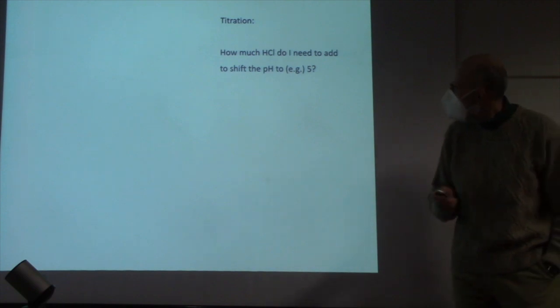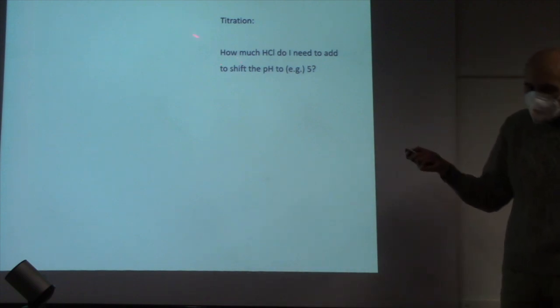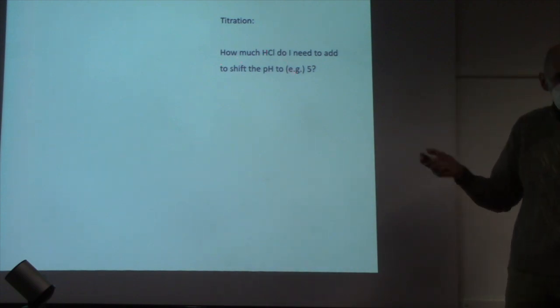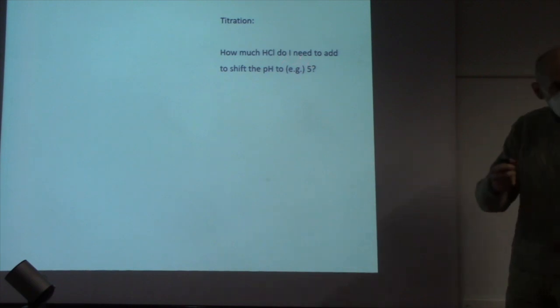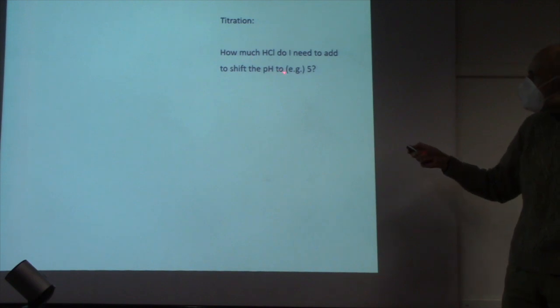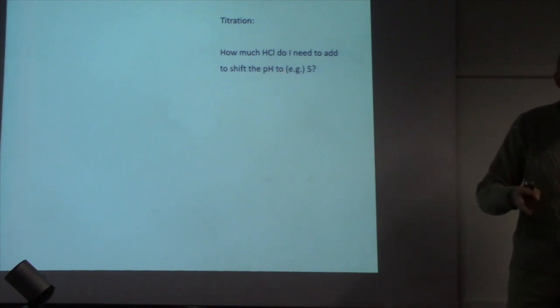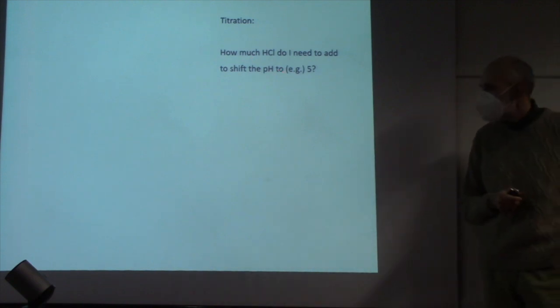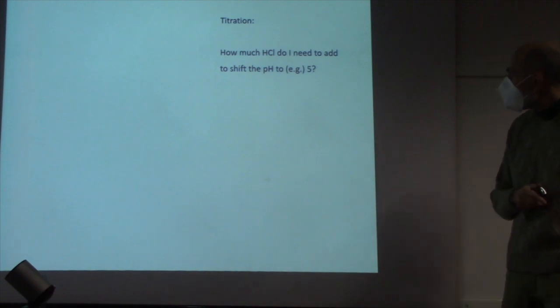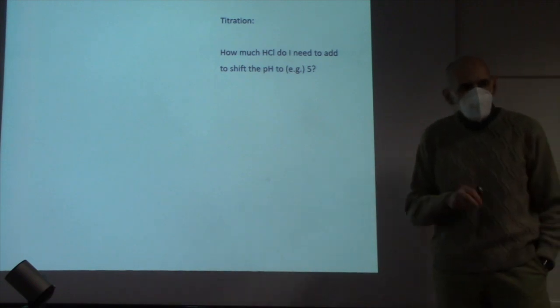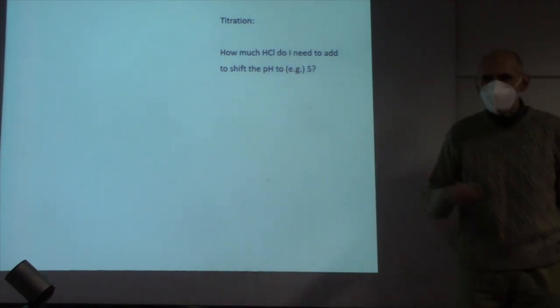So, the question might be, how much HCl, hydrochloric acid, do I need to add to the solution in order to shift the pH to something lower, say 5? I know I'm starting from 8.3, so how much do I need to add to go to a pH 5? And so, how many tubes do I have in front of me?